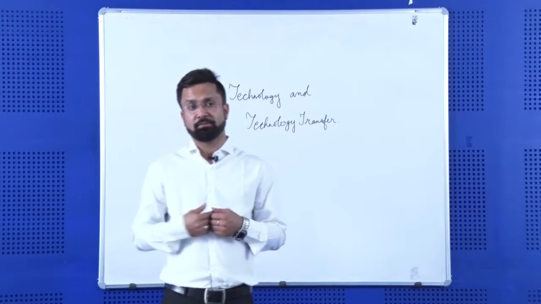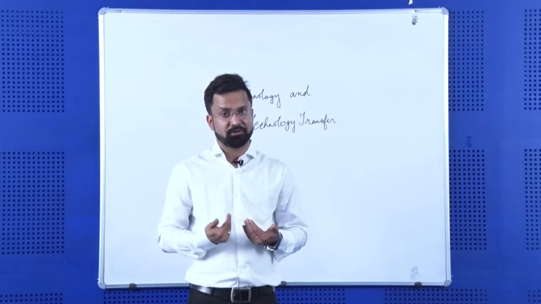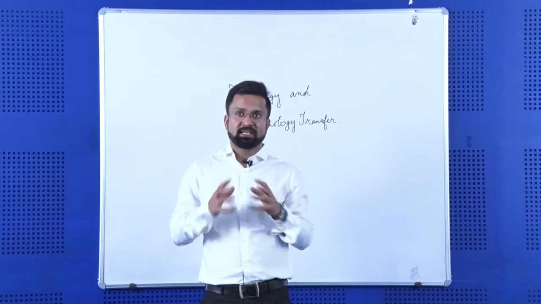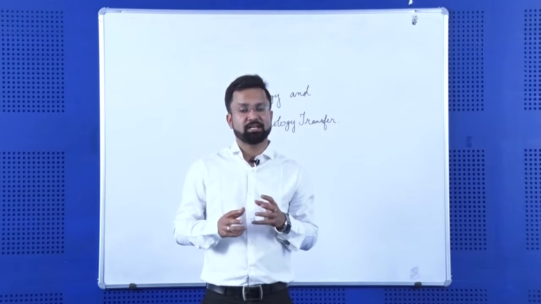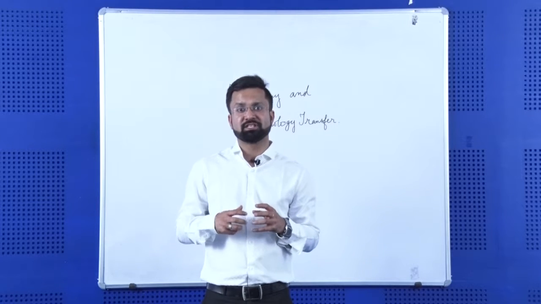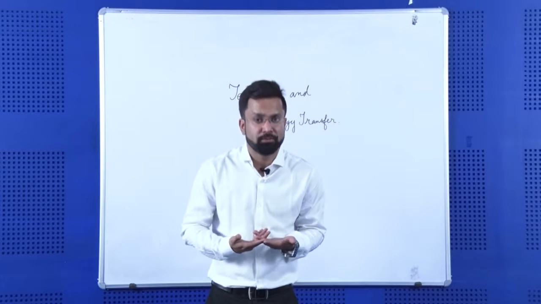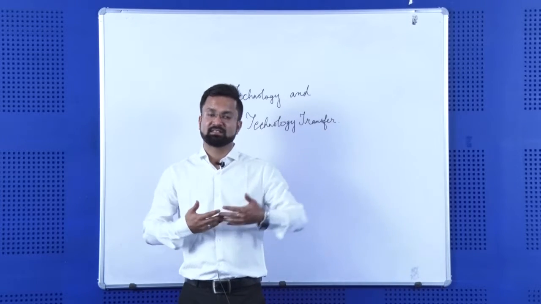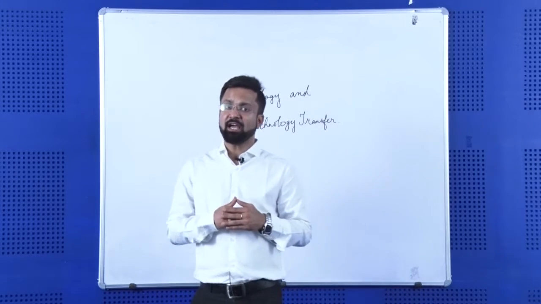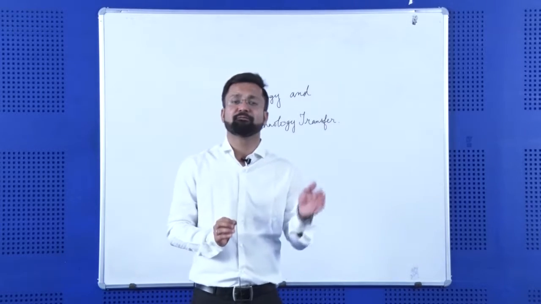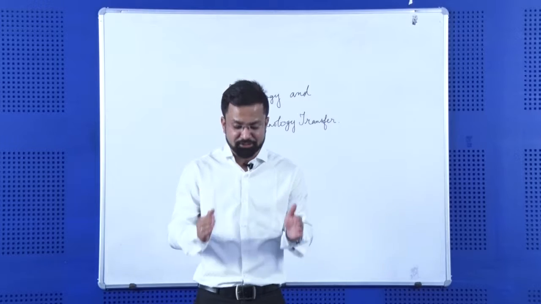Now, when we talk about technology transfer, there is again a thing that comes to mind, that is, technology means machines, and human beings and machines have always had a problem, which is a long old problem since old ages. Now, we have to understand what are the basic problems of man and machine interaction.